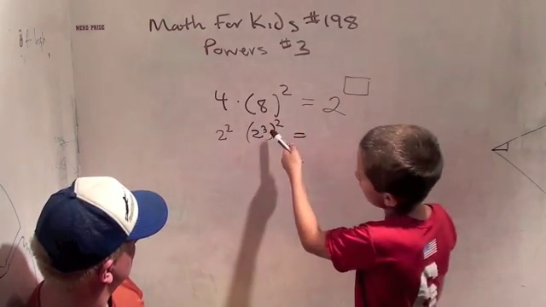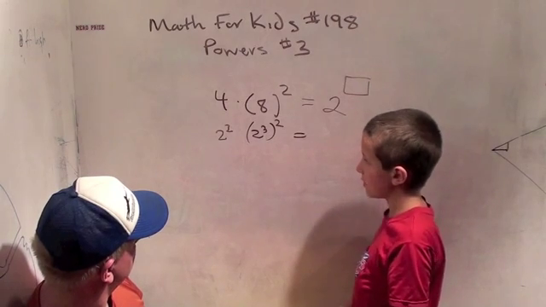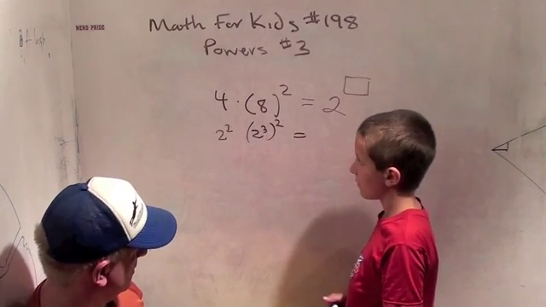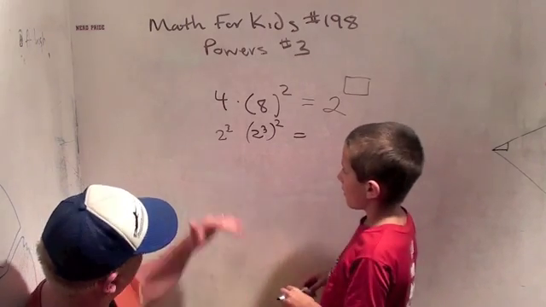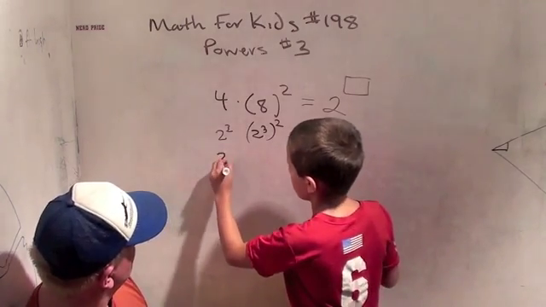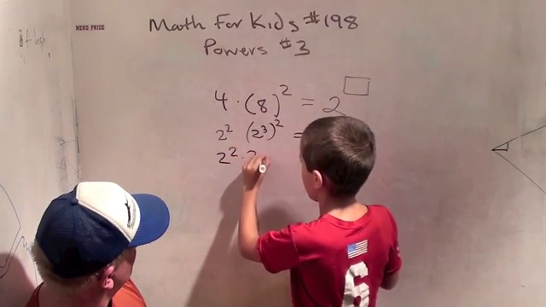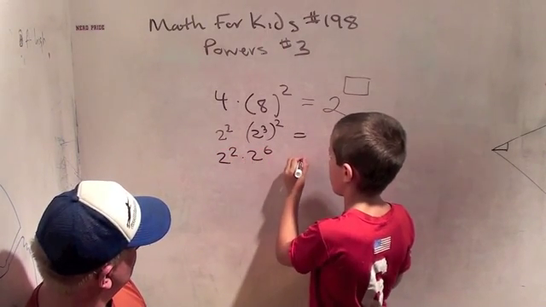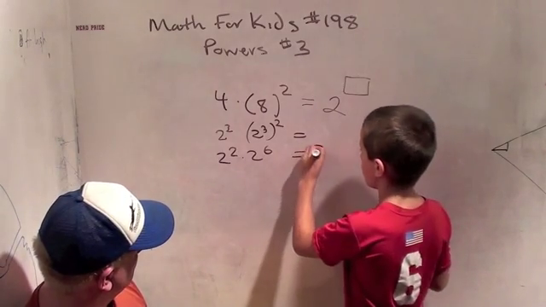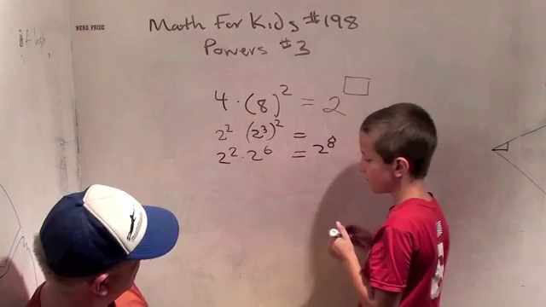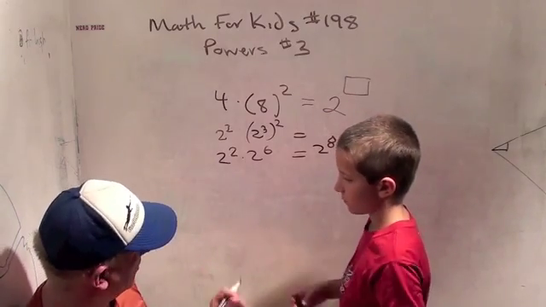Well, 2 cubed squared is 2 to the 6th. So why don't you write out that step? So it's 2 squared times 2 to the 6th, which is 2 to the 8th. Okay, good job. That's a great job.